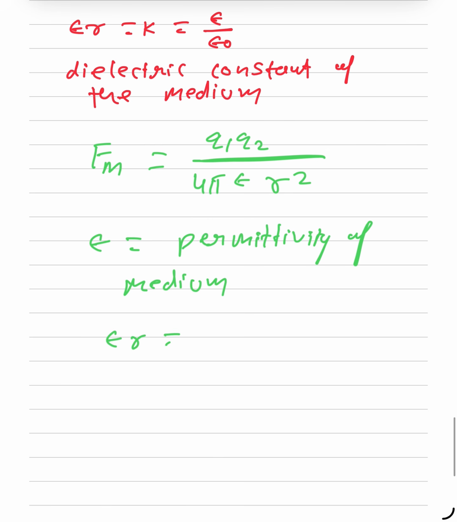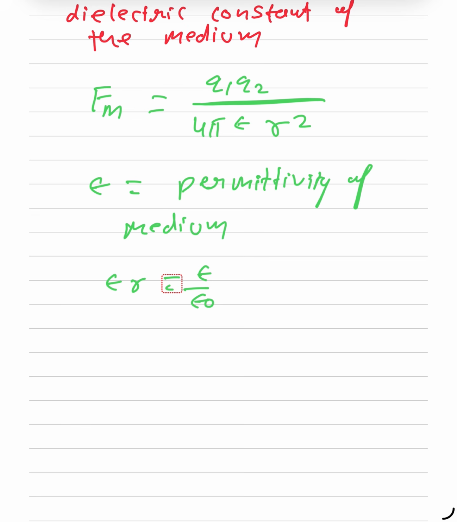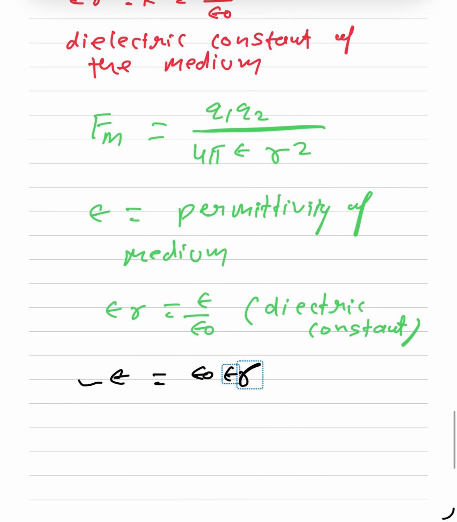And epsilon r equals epsilon divided by epsilon naught, the dielectric constant, and epsilon equals epsilon naught multiplied by epsilon r, and this value is put here.